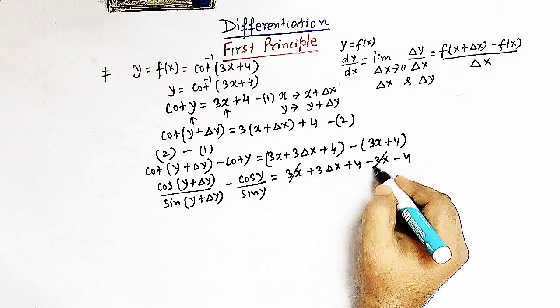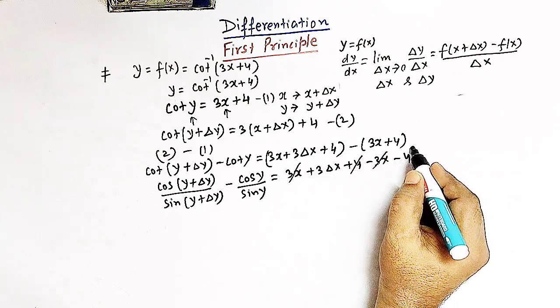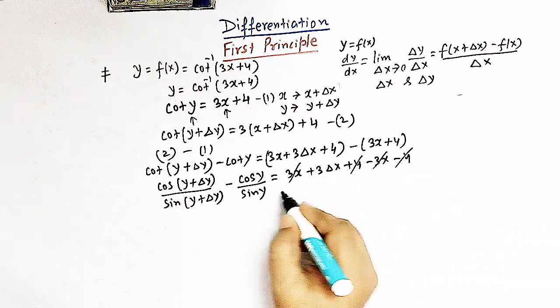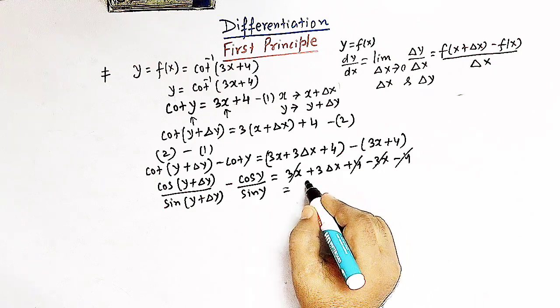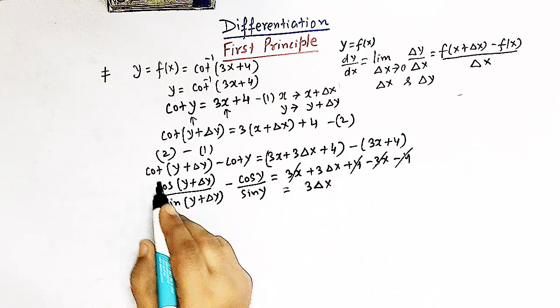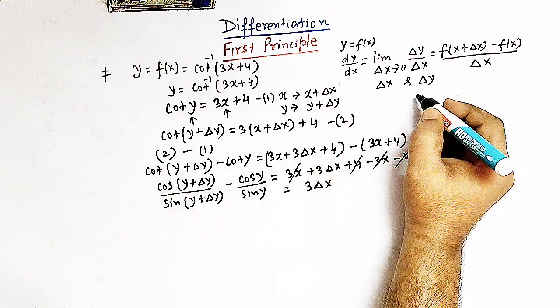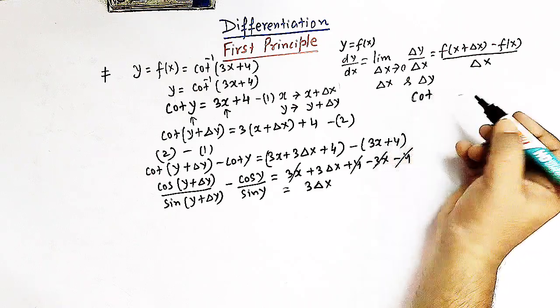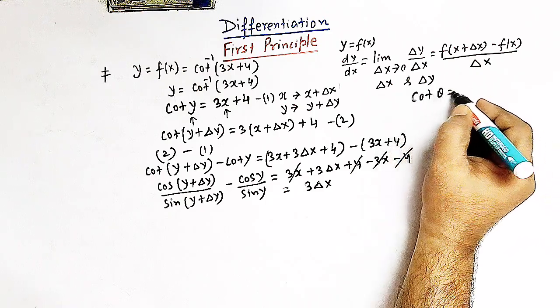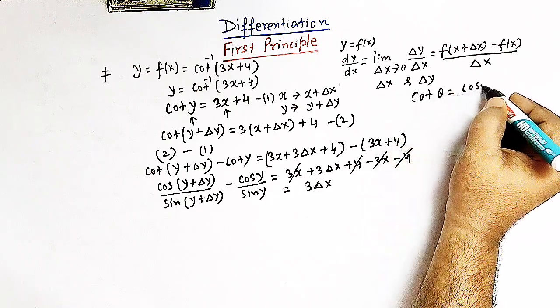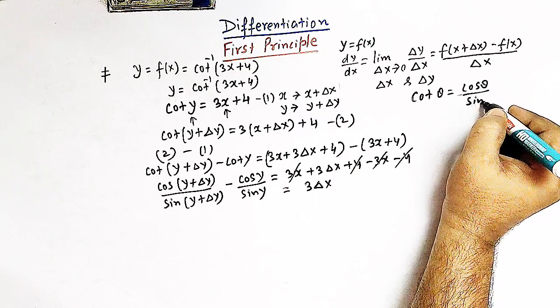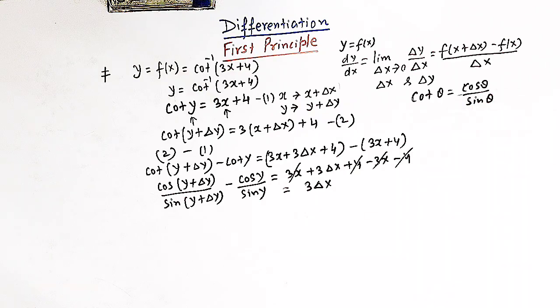So 3x and 3x get cancelled, 4 and 4 get cancelled, so we are left with 3 delta x, and here we have used this definition of cot theta, that is cos theta over sine of theta, right?